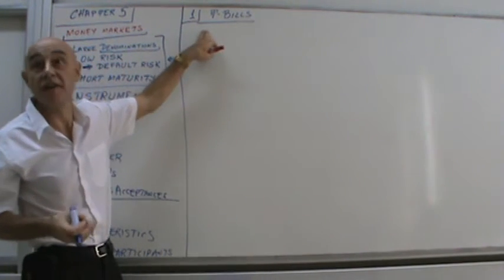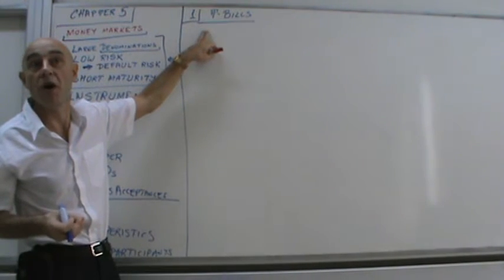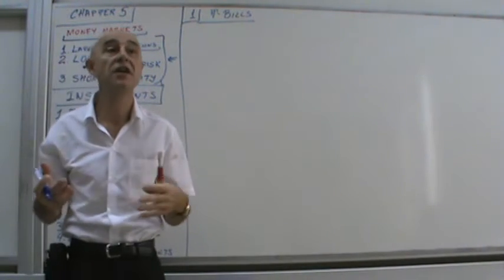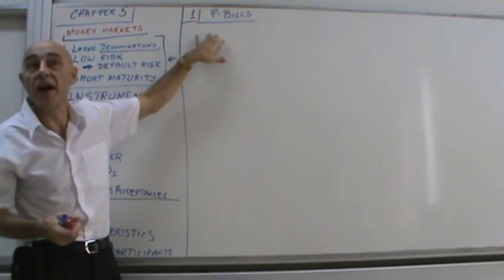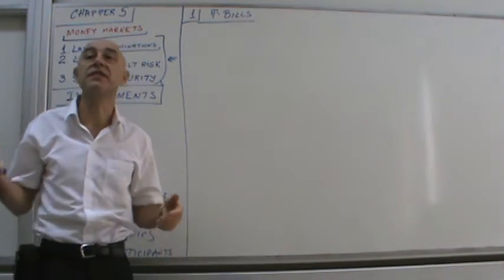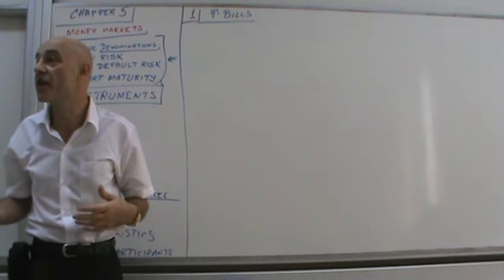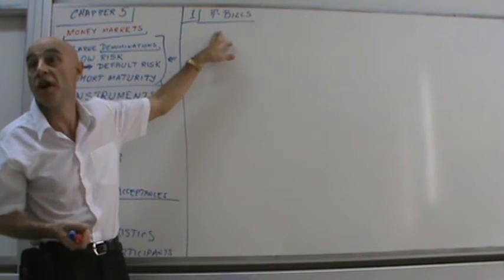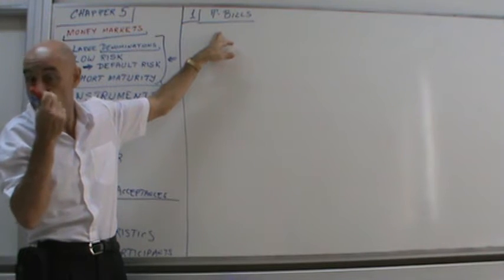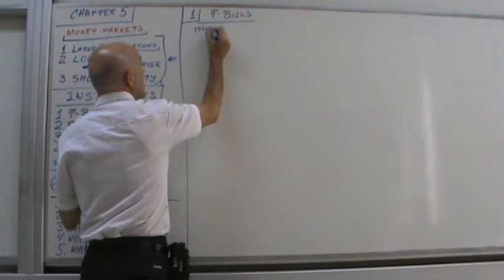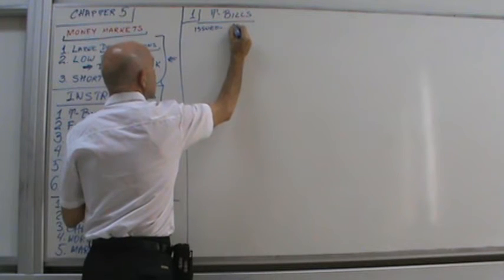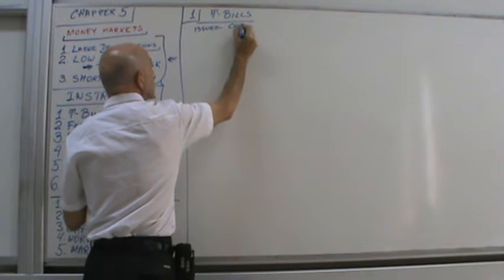Well, in this particular case, Treasury bills are short-term obligations of the central government, because France will have, and Germany will have, and Canada will have, and every country will issue its own Treasury bills. So they are issued by the central government.